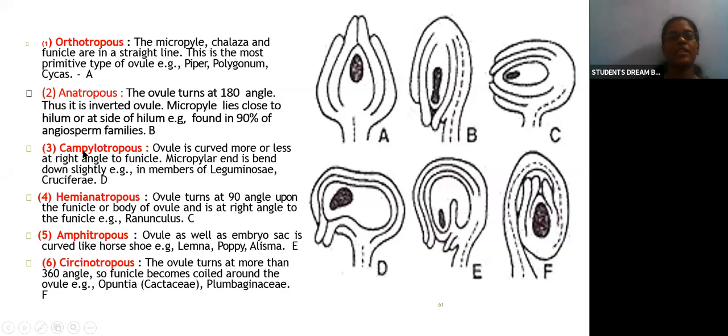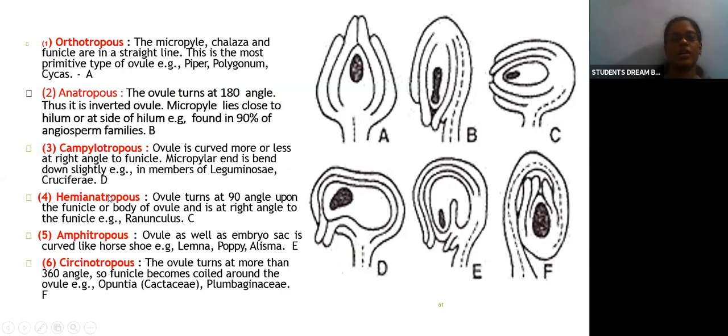Then there is campylotropous. Campylotropous means the ovule is curved more, to a right angle to the funicle.